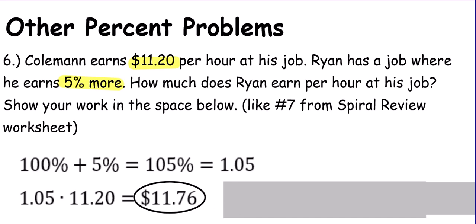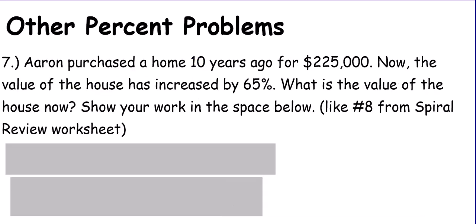All right, we have one more of these. This problem is going to be similar to number 8 from the spiral review worksheet. So in this problem, Aaron purchased a home 10 years ago for $225,000. Now the value of the house has increased by 65%. What is the value of the house now? So we've got an increase of 65%, kind of similar to the last one where it was 5% more.